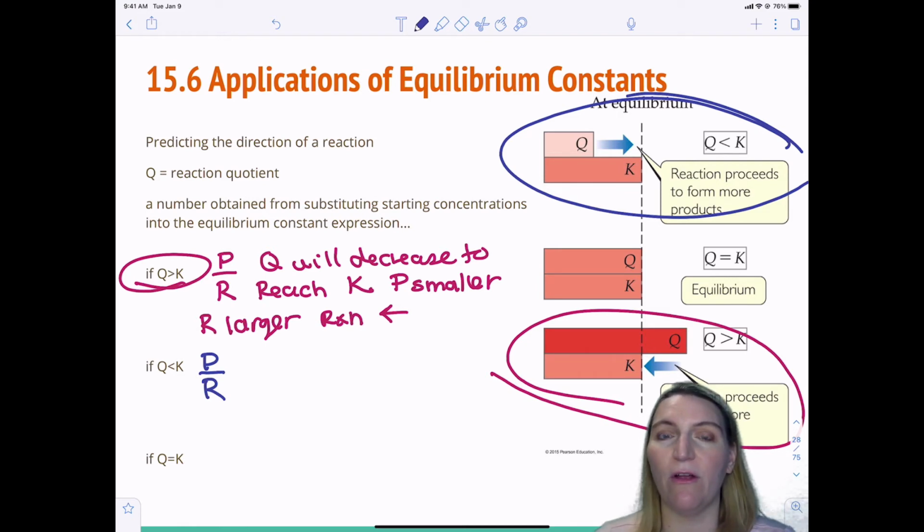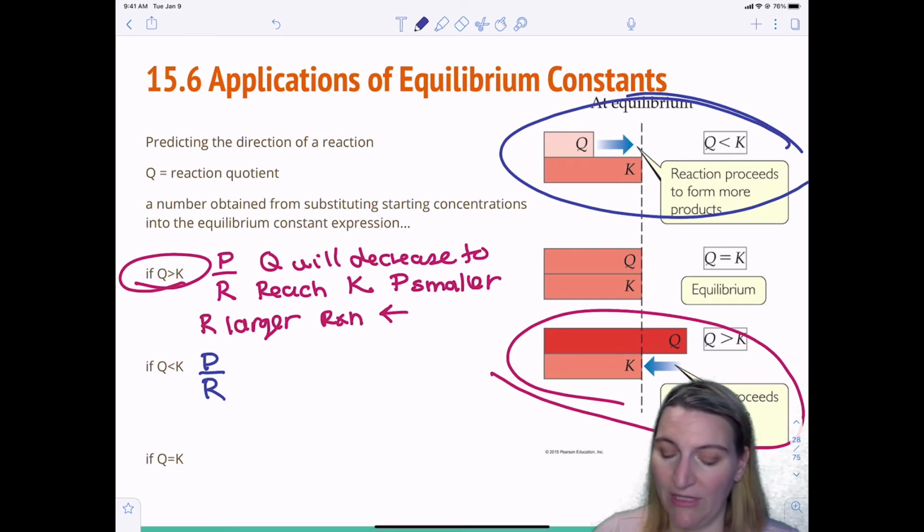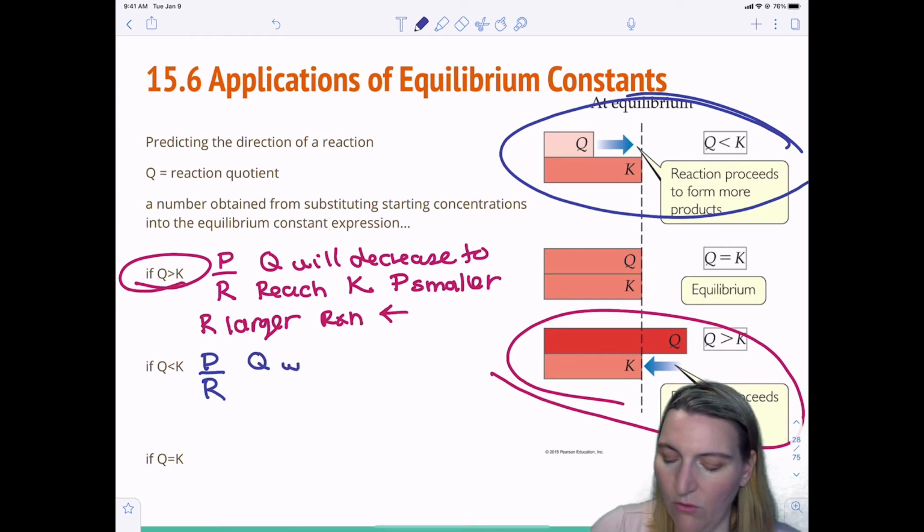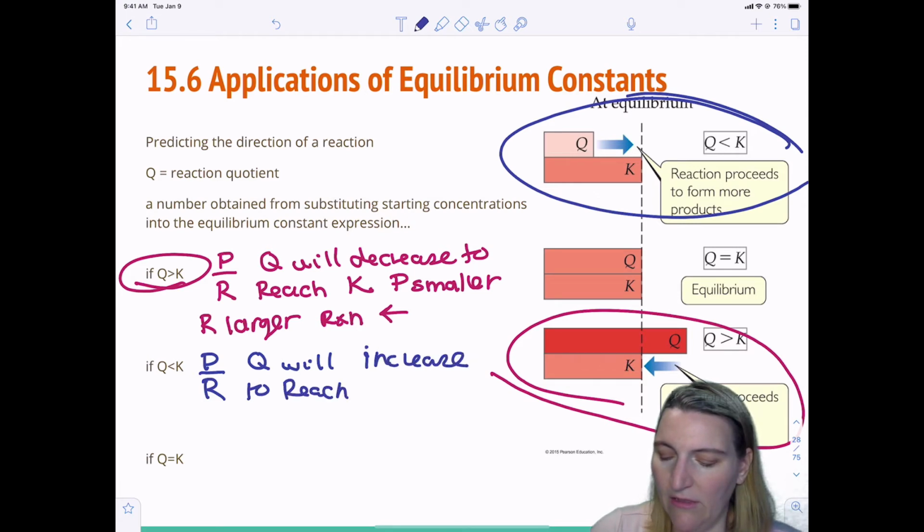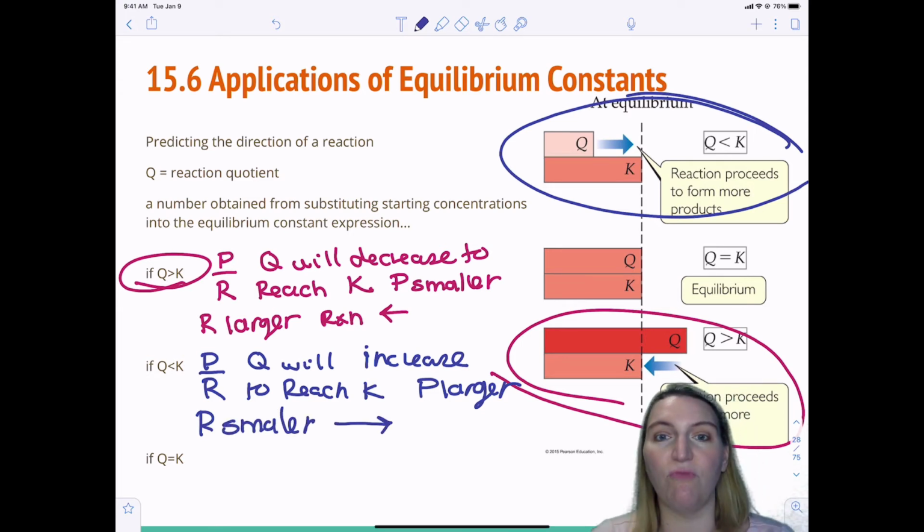The products are going to have to increase, which means Q will increase to reach K, which means the products will have to get larger and the reactants will get smaller. And so the reaction will proceed to the right. That right-hand facing reaction will happen more quickly.